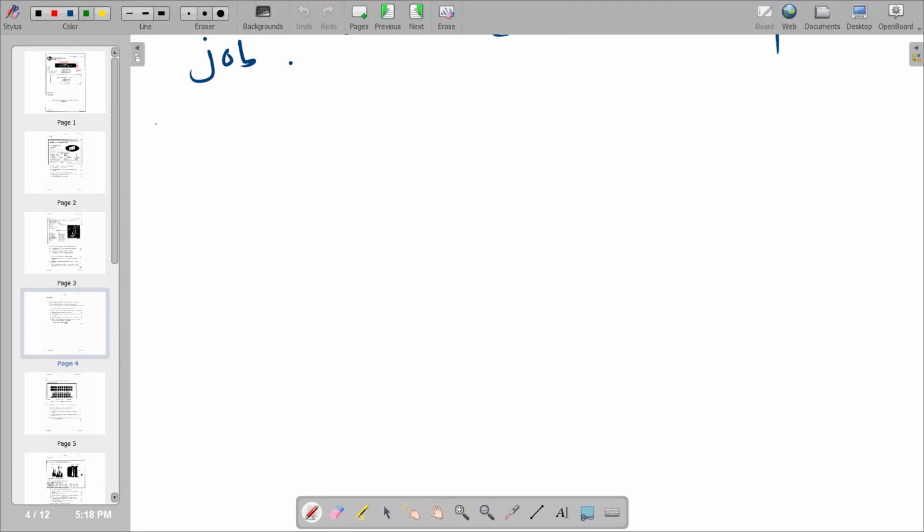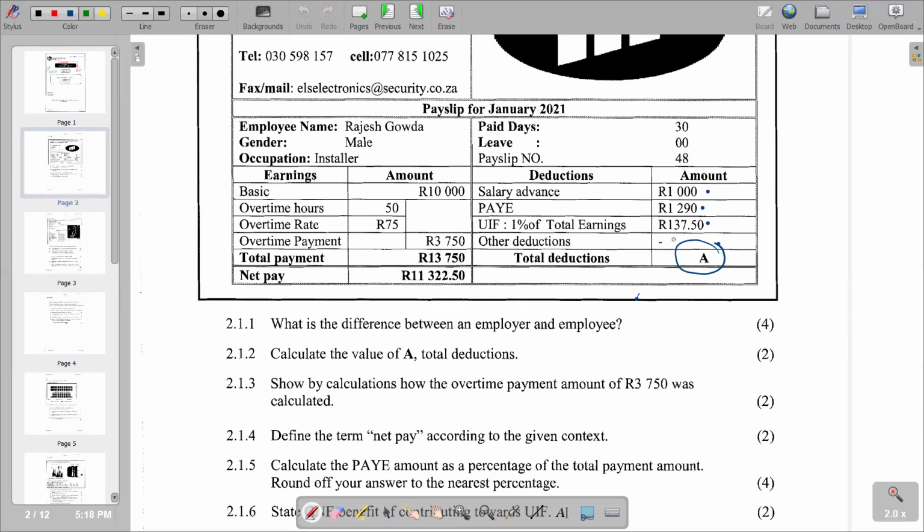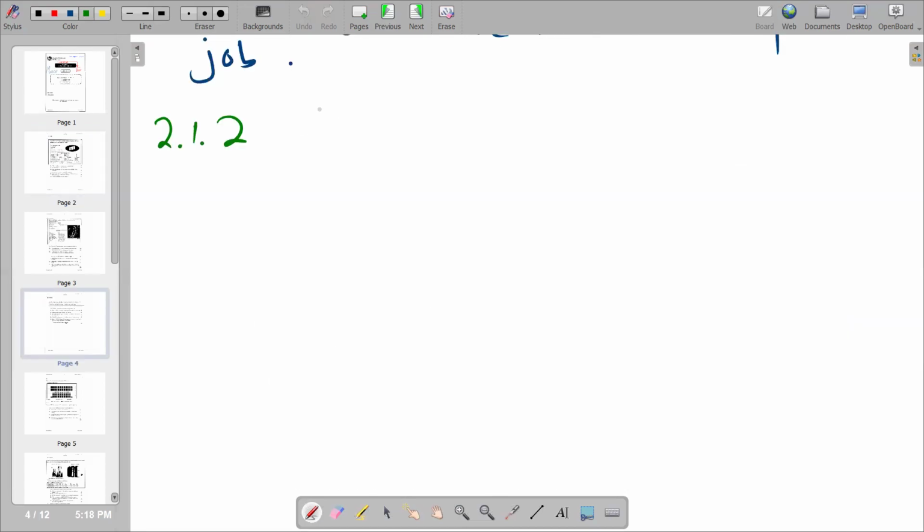Whereby we are at number 2.1.2, and we are saying calculate A. We are saying 1,000 plus 1,290 plus 137 rands 50. So we say 1,000, then we add 1,290, and then we also add 137 rands 50 cents.